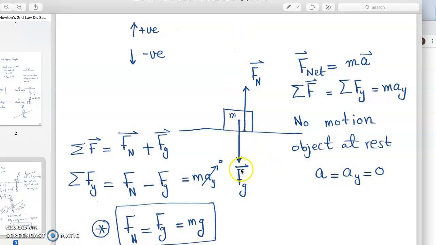Because definitely the forces, where I am pointing the cursor, are along the y-axis. So if there were any motion, which there is none, it would be on the y-axis, because the force is on the y-axis. That's why I wrote A sub y is equal to 0. But really, since the object is not moving, it does not really matter to say A sub y or acceleration in general.